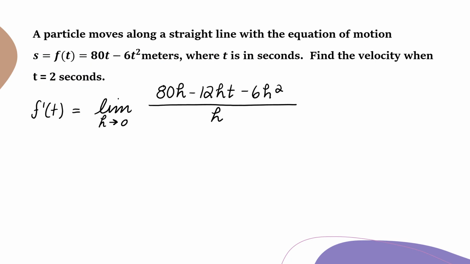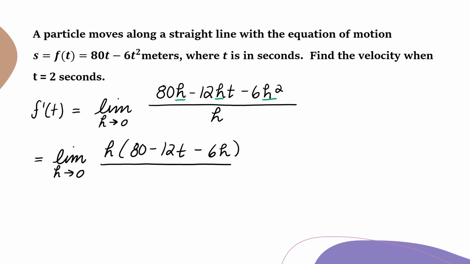If we look at our numerator, we have an h in each term, so we can factor that h out. So f prime of t is equal to the limit as h approaches 0 of h times 80 minus 12t minus 6h all over h.